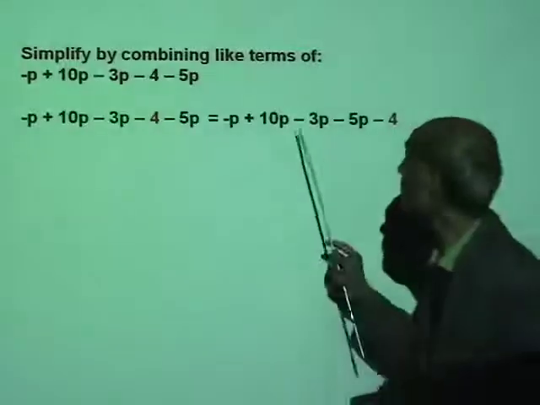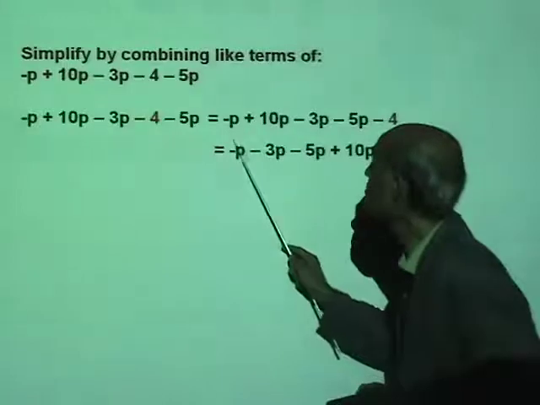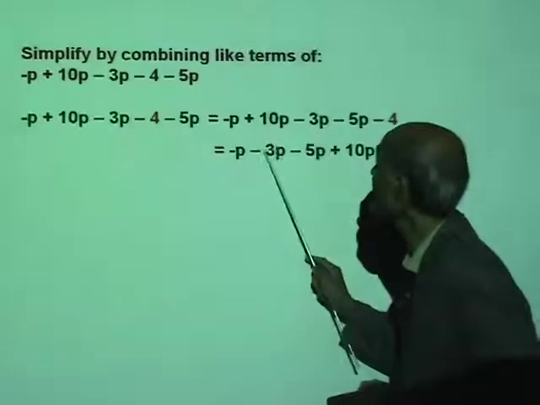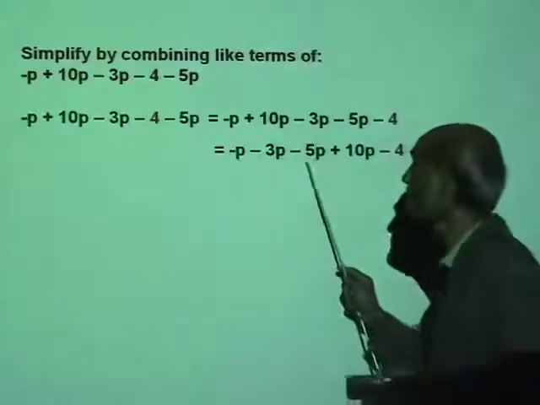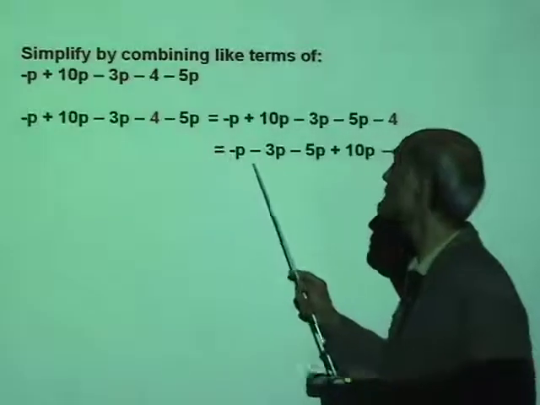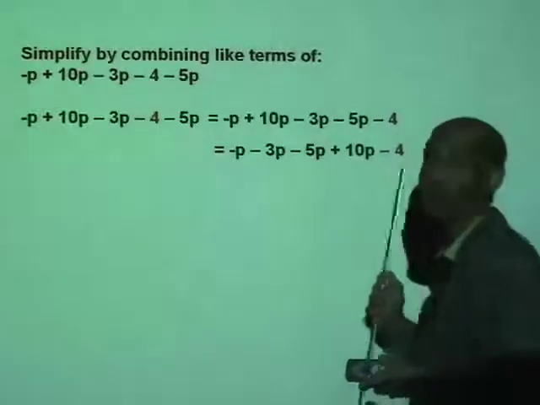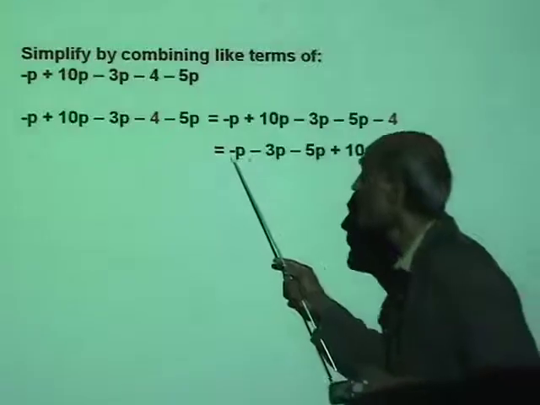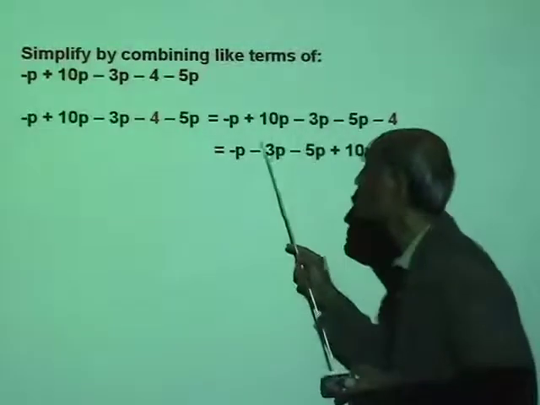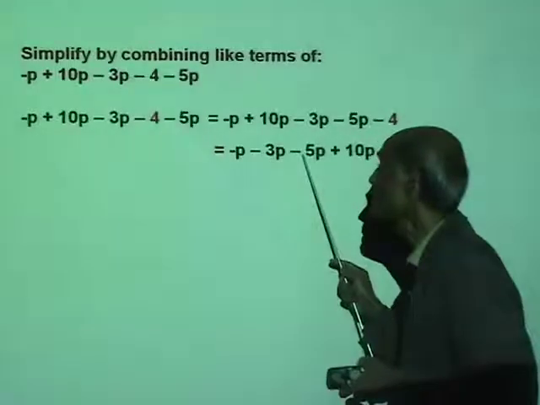In my next step, I'm going to combine negative p minus 3p minus 5p. I wrote all the negative p's together, then plus 10p minus 4. That's easy enough. Now I can add all these negatives. Negative p, negative 3p, negative 5p.